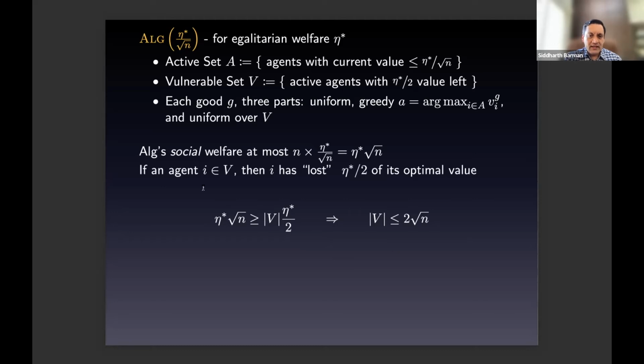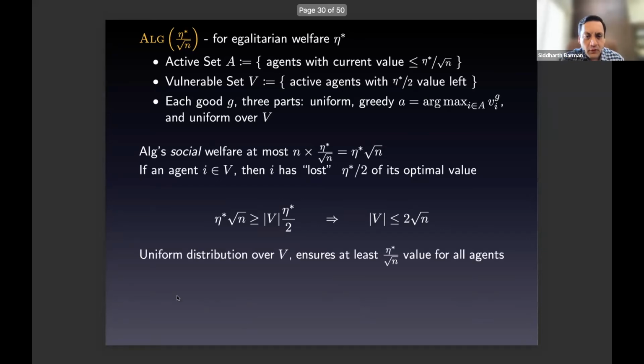What this means, if eta star cancels out, is that the vulnerable set at no point of time is of cardinality more than 2n. You're always maintaining this invariant that not too many agents fall in this regime of being vulnerable. And the point is that I am still assigning uniformly among V. So from the point an agent I becomes vulnerable, she's only competing with other vulnerable agents for this 1/3 of the good that I'm uniformly distributing.